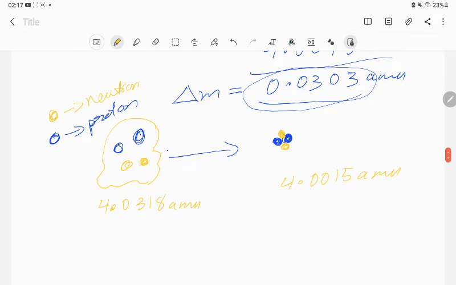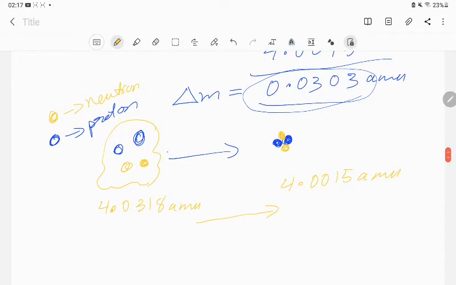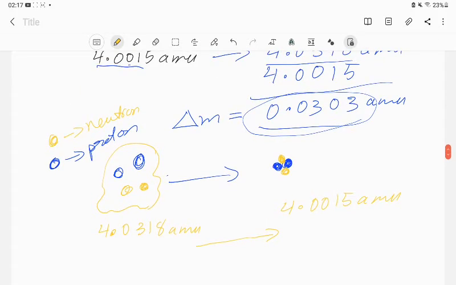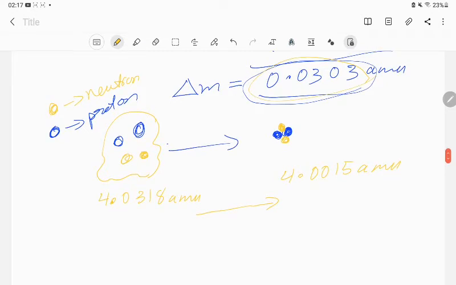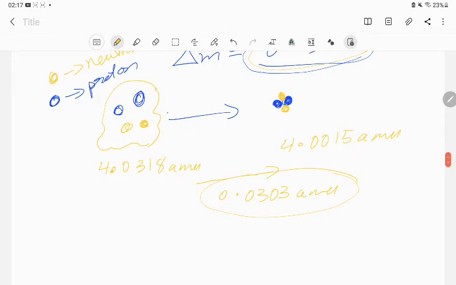So that means some amount of mass is lost during the formation of the helium nucleus. That amount is 0.0303 AMU. So this amount of mass is lost. This amount is called mass defect.